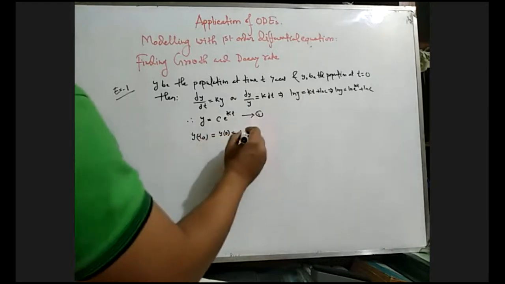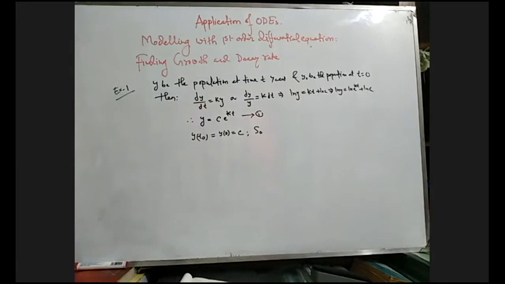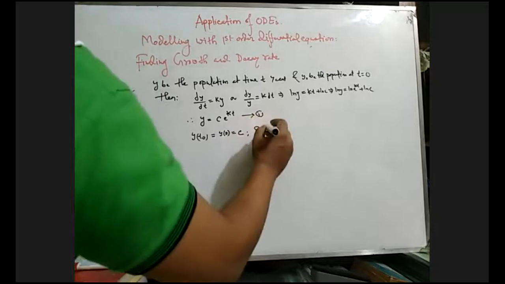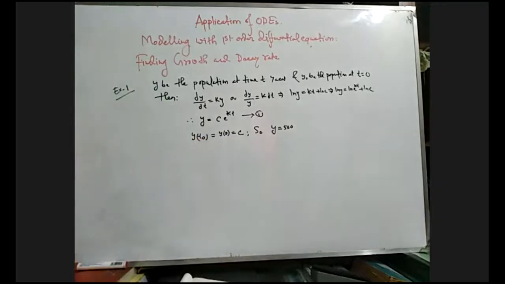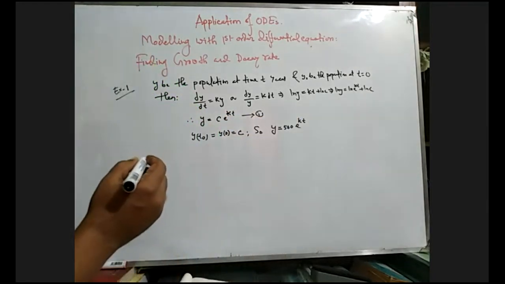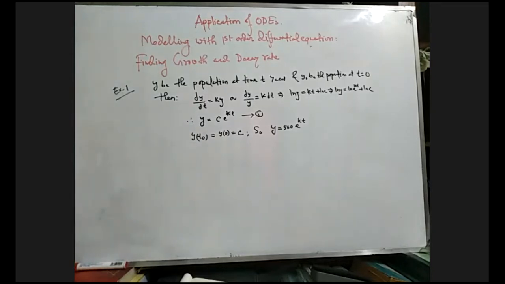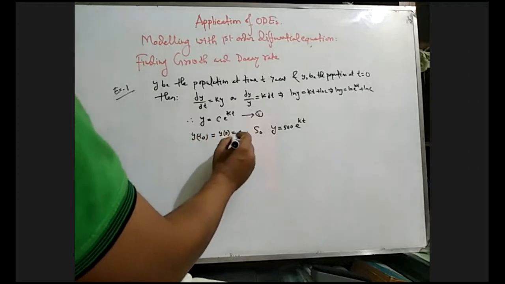So we see that y equals c e to the power kt, and initially the population is 500, because at time t equals 0 the population was 500.